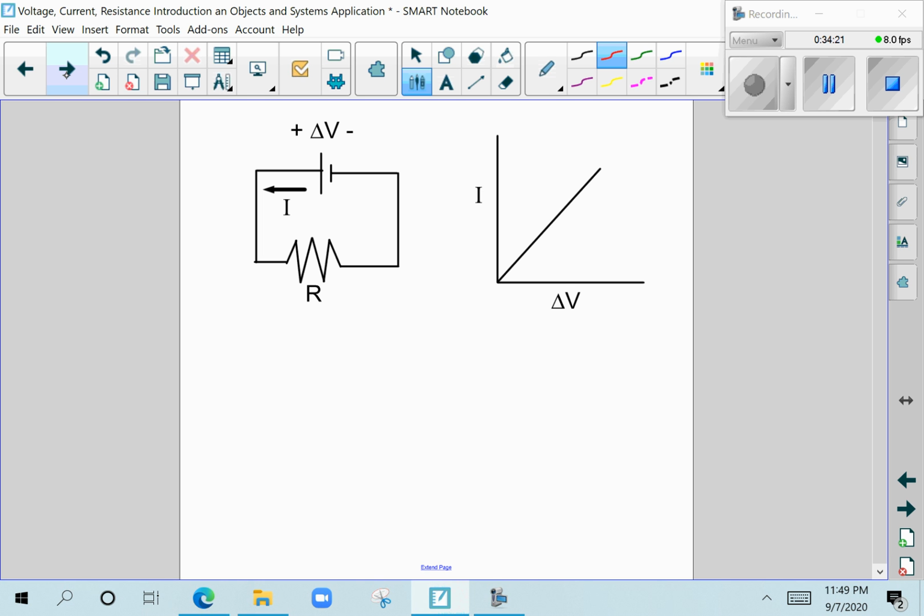A guy named Ohm came up with a relationship between current and voltage, and saw that in many cases you have a linear relationship. We call this Ohm's law, and he had found that your current is proportional to your voltage. And so he wrote out an equation that said that your voltage was equal to your current times your resistance.